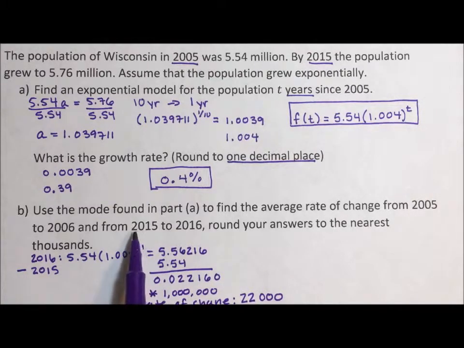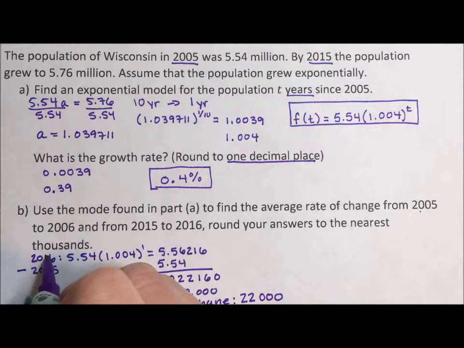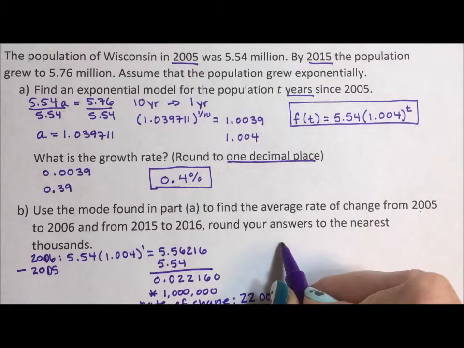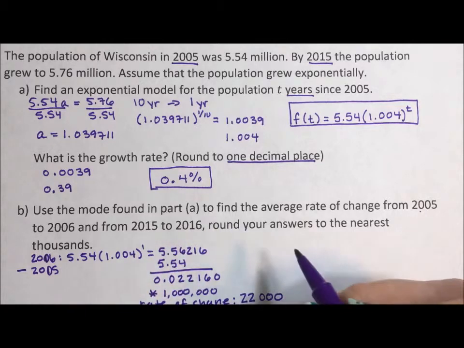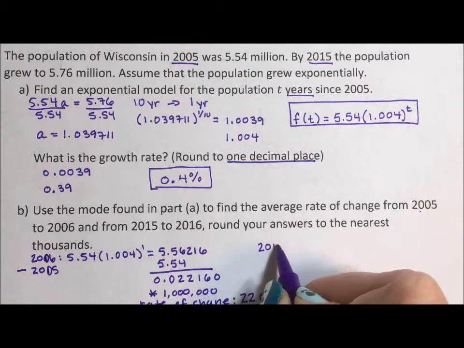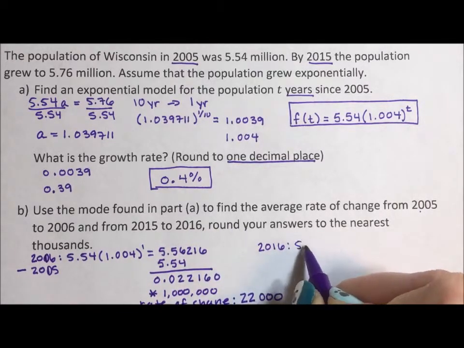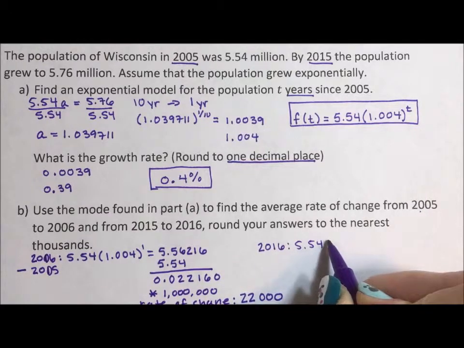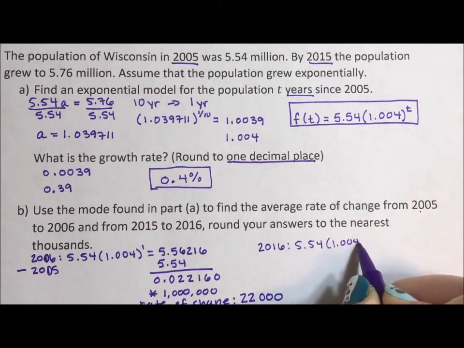Now we have to do that again for 2015 to 2016. So for 2016, we're going to do everything exactly the same. 2016 is the 5.54, this time to the 11.